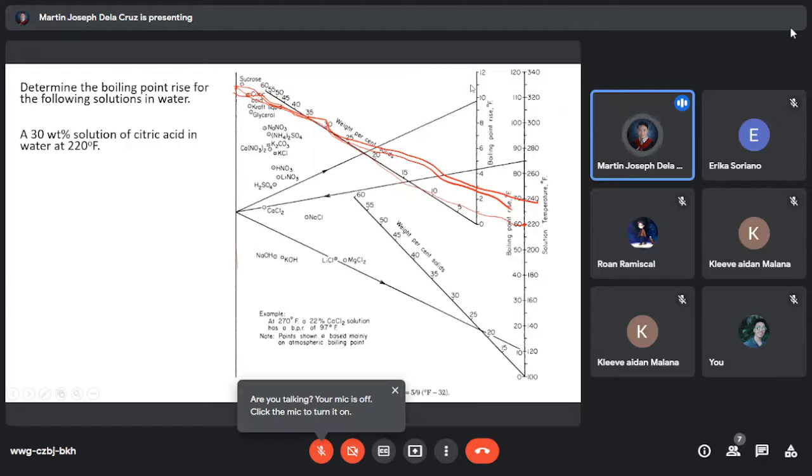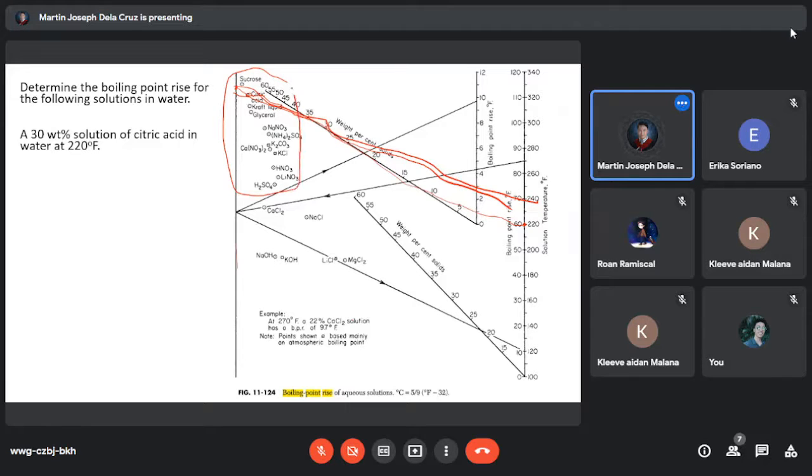And then, ganyan. So, i-take note, class, na ang kukunin nating boiling point rise ay dito sa maliit na vertical. Ito lang. Kasi we all know na ang boiling point rise ng citric acid is very low. So ito yung mga low boiling point rise, class. So mostly, ito lang din yung ginagamit natin. So in our problem later on, we have NaOH. So dito siya, class. So it's a very big boiling point.